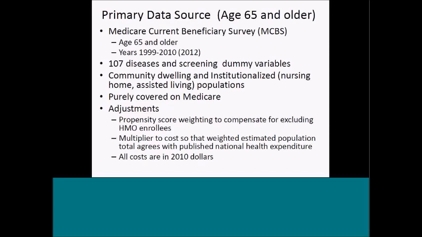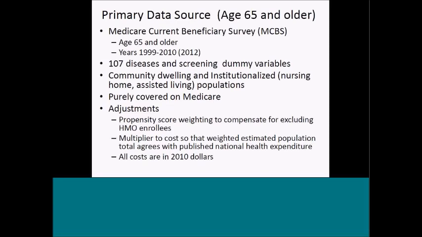We also wanted, for the 65 and older, to deal with the community dwelling subjects as well as the institutionalized population, like in nursing homes, assisted living, and so on. Now, one immediate problem that we came up with was that the data set that we have full data on was purely Medicare.